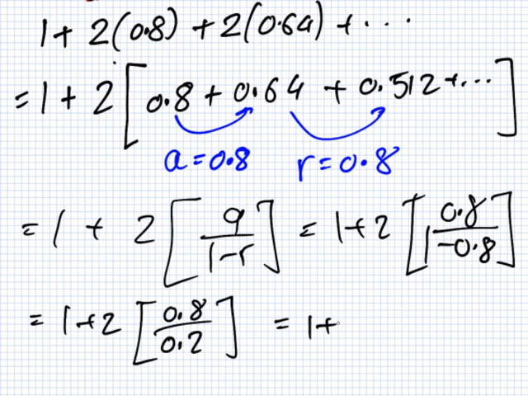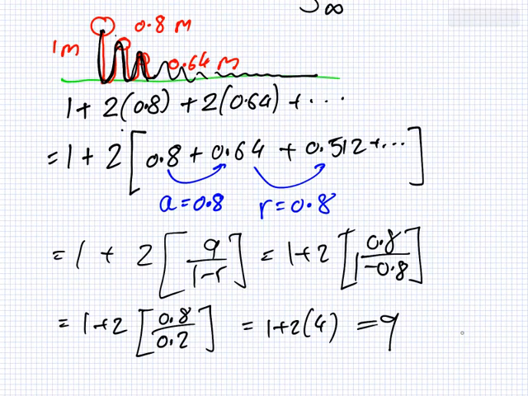That's 1 plus 2 times 4, which is 9. So this ball would have travelled 9 meters. I got a few 5 meters as the answer in the exam, not many 9 meters. This is a difficult one though.